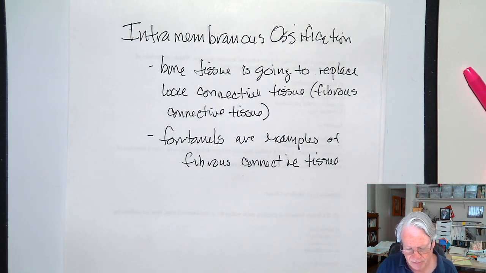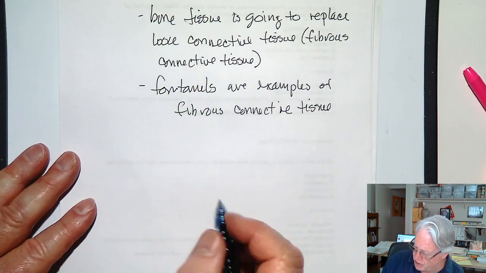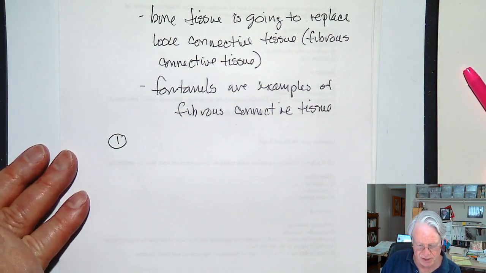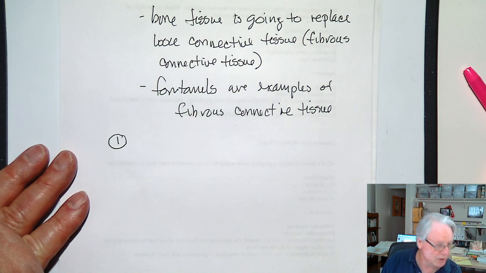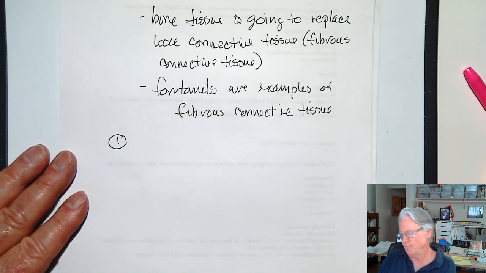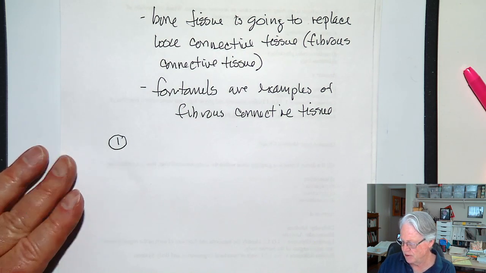So let's start and just describe this in a step-by-step way. And we'll start with number 1, and we'll just keep on going until the process is finally complete. Then we'll take a look at some images. The textbook doesn't have any really particularly good images of this process, but we'll look at what the book has to offer and talk about these steps.